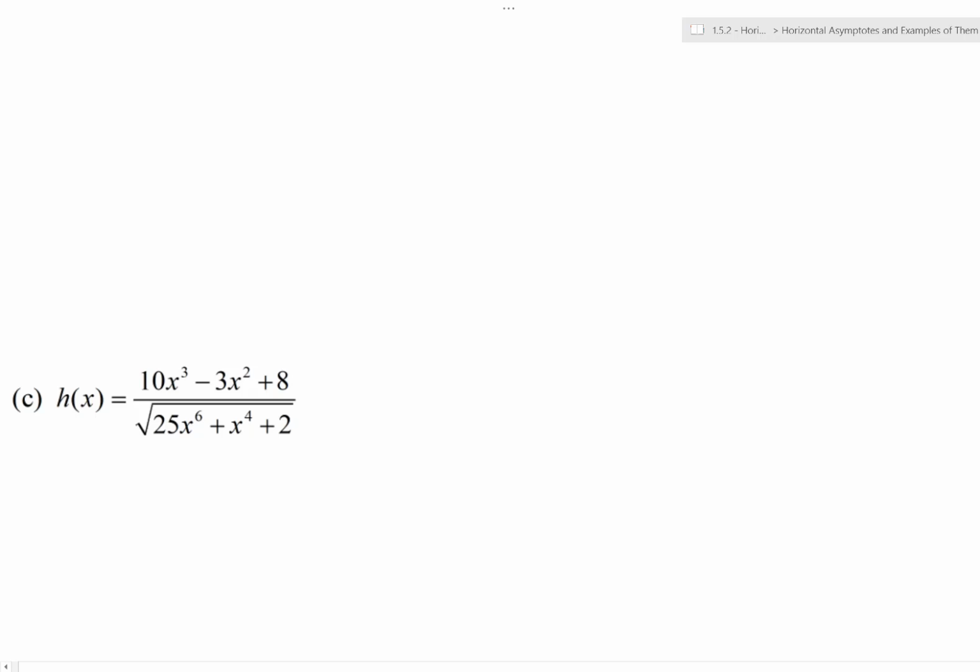Now, for this one, if you just look at the denominator here inside the root, obviously inside the root is a polynomial function of degree 6. And so we should expect that as x gets very, very large in magnitude, that polynomial inside the root will approach infinity or negative infinity based on the leading coefficient of 25 and, of course, the degree of that polynomial, 6.